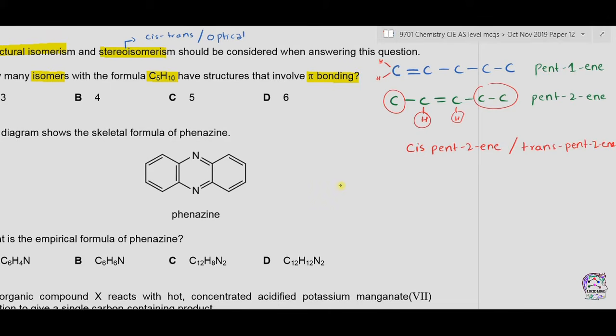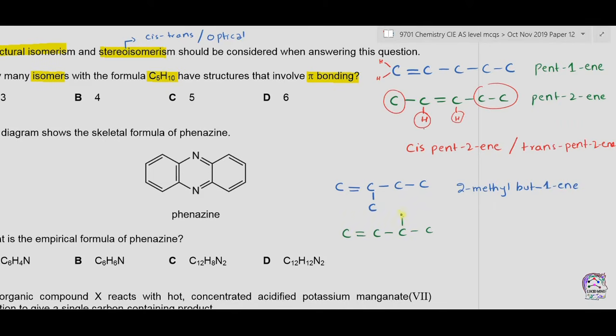Another possible structure is one in which the double bond is between the first and second carbon, and there are 4 carbons in the long chain, while the methyl group is attached to the second carbon atom. So it will be 2-methylbut-1-ene. We can change the structure like this.